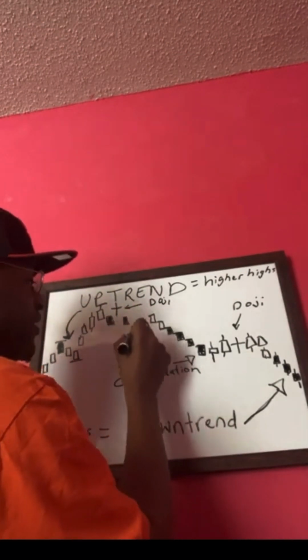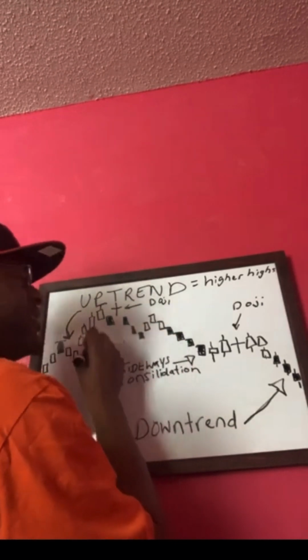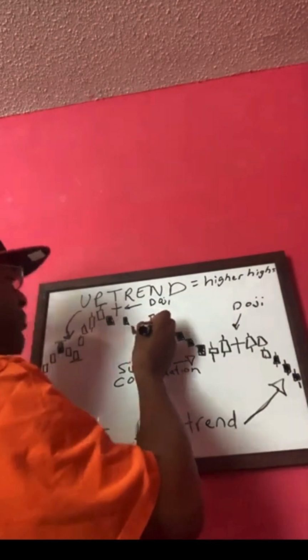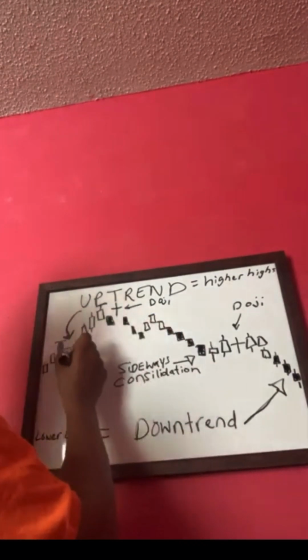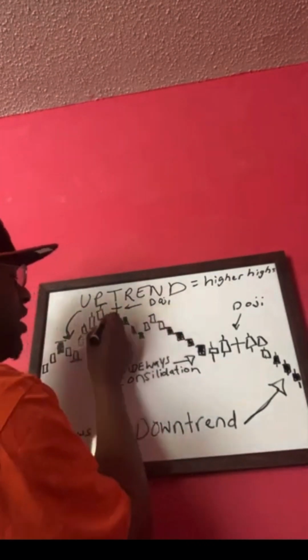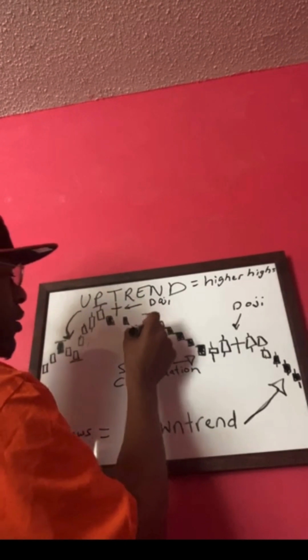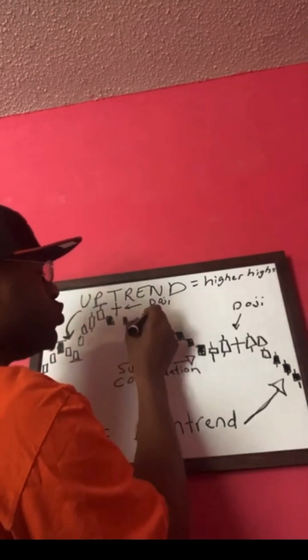Now, the reason why this is a pullback instead of a downtrend is because it tried to go back up a little bit but failed. You with me? So this was an uptrend, a minor uptrend, until this happened and this happened. This is the retest, meaning it was retesting this area.